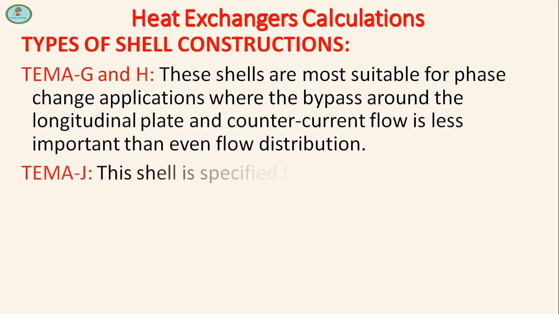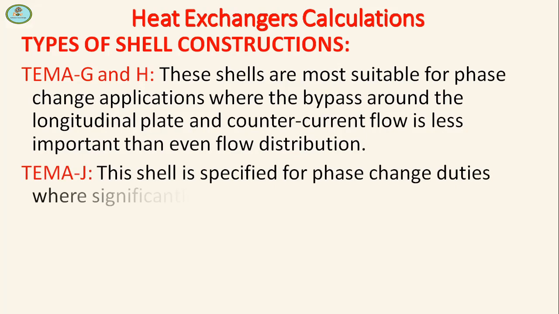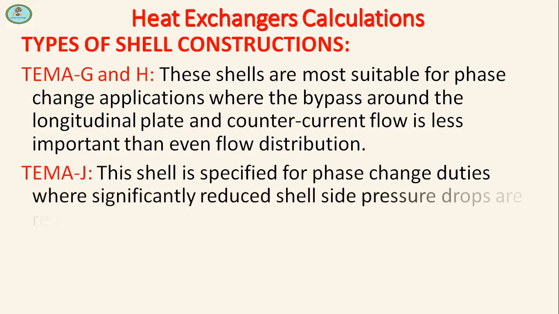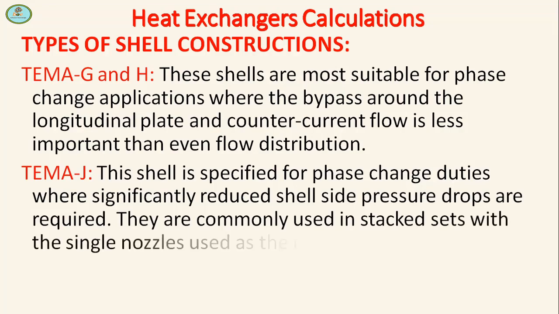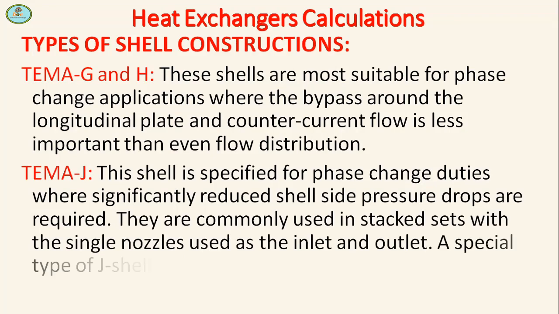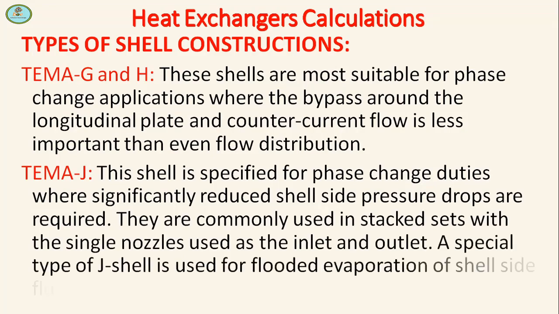TEMA J: this shell is specified for phase change duties where significantly reduced shell side pressure drops are required. They are commonly used in stacked shells with the single nozzle used as the inlet and outlet. A special type of J shell is used for flooded evaporation of shell side fluids.